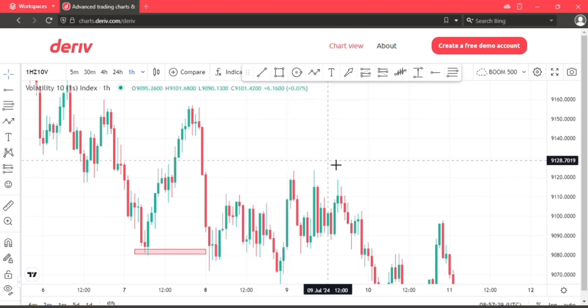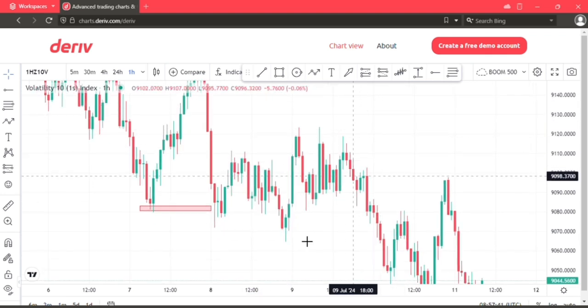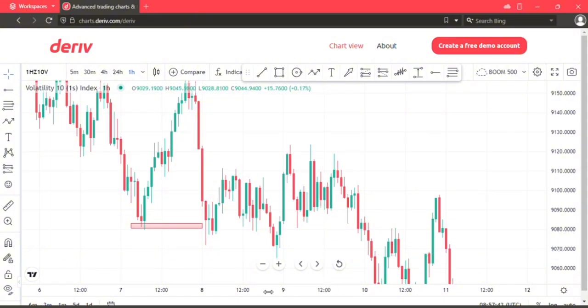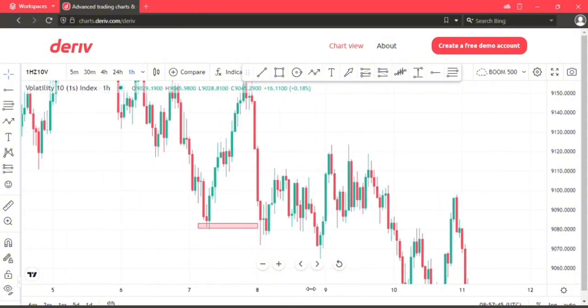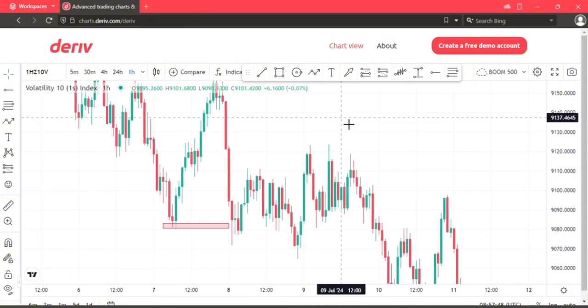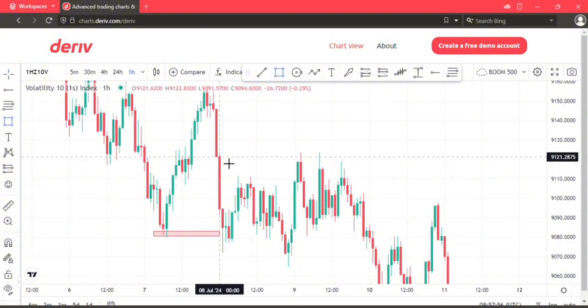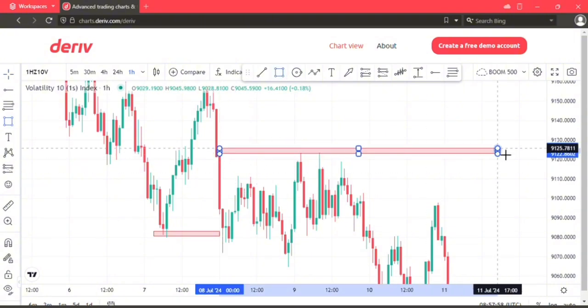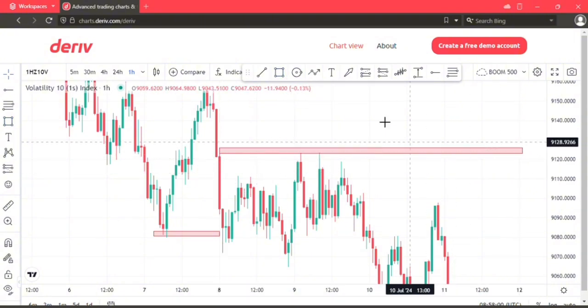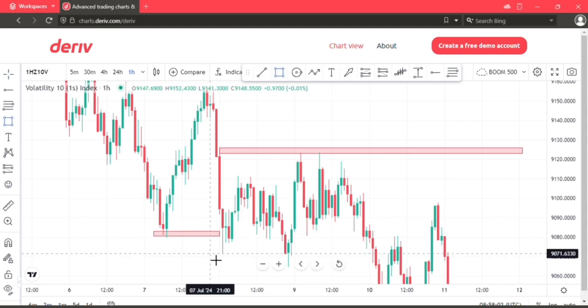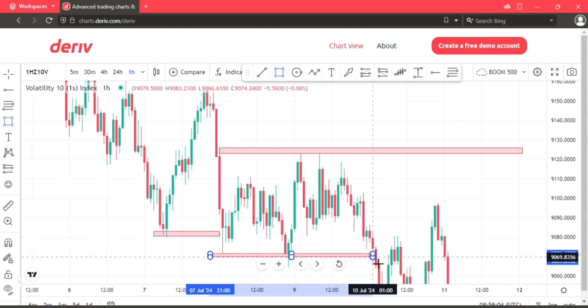Here we are on a downtrend. When you enter the market, firstly identify your higher high, your lower low, higher low, and lower low.